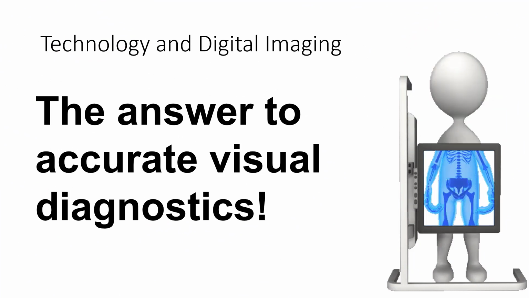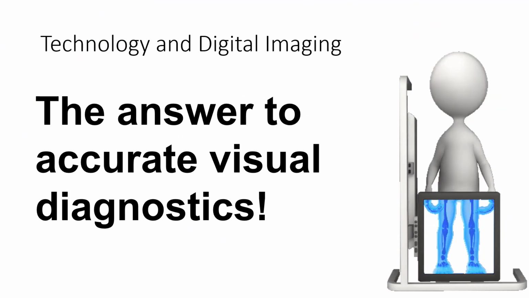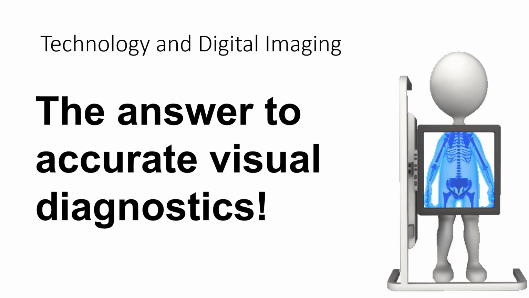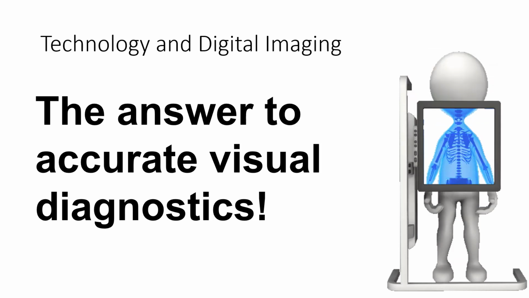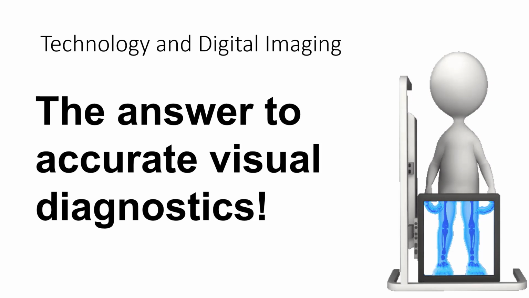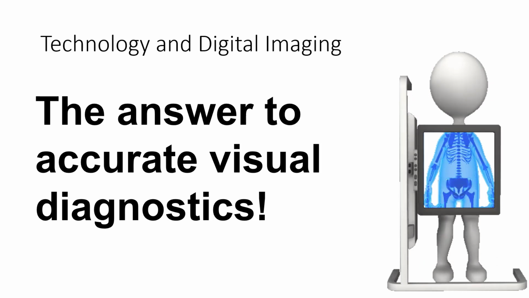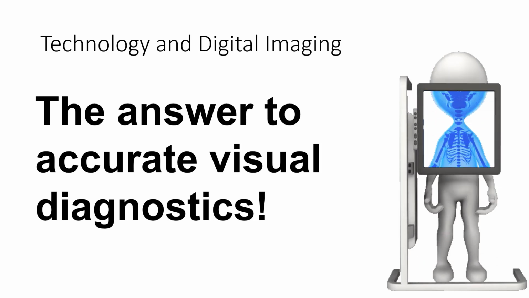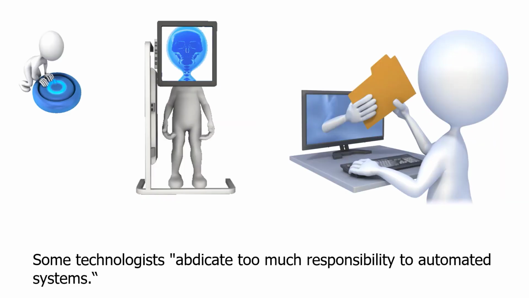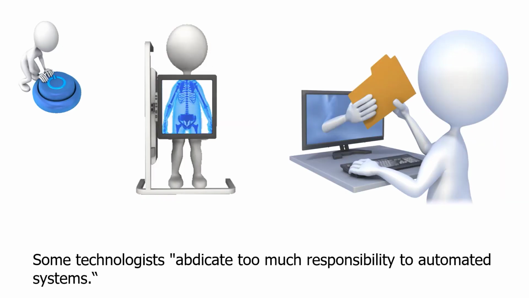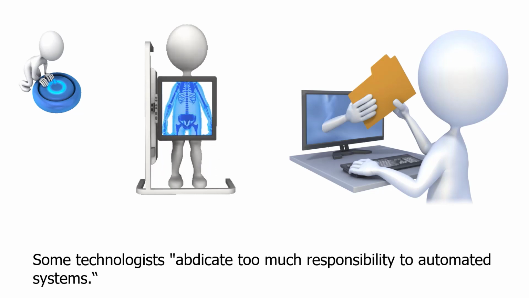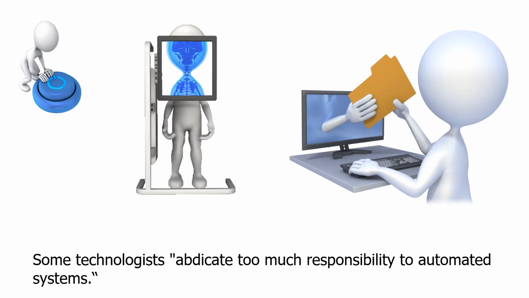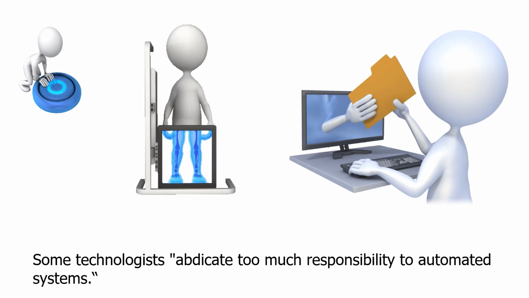Let's get to the techie part of the presentation, technology and digital imaging. The answer to accurate visual diagnosis in utilization of digital imaging requires a great deal of understanding of the technology and techniques used. Unfortunately, some technologists abdicate too much responsibility to automated systems and do not understand or pay attention to the actual information that they're processing.